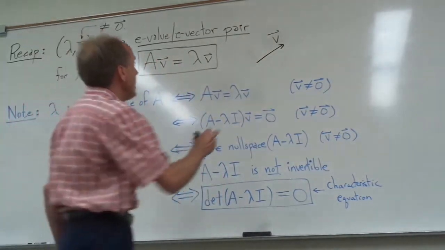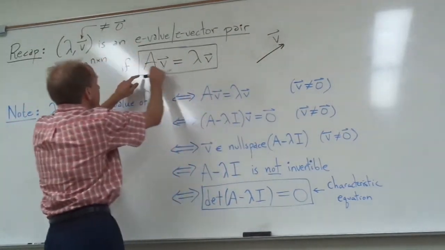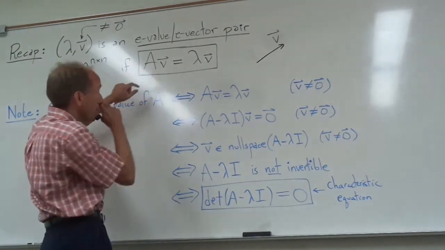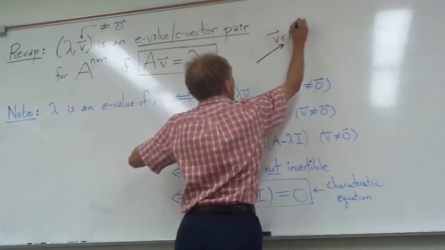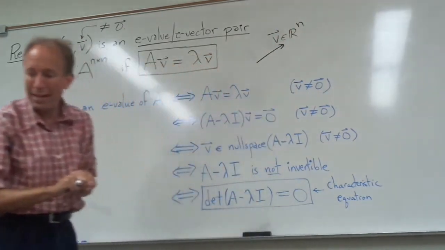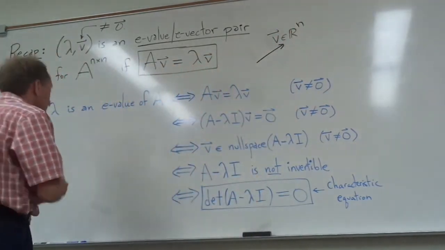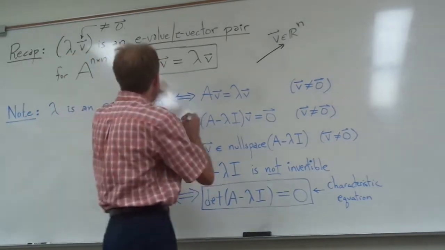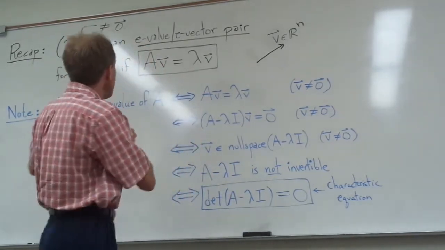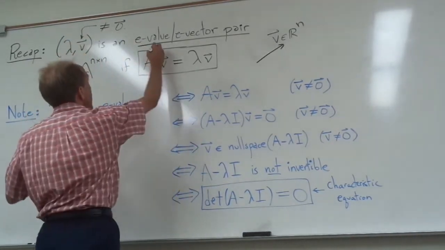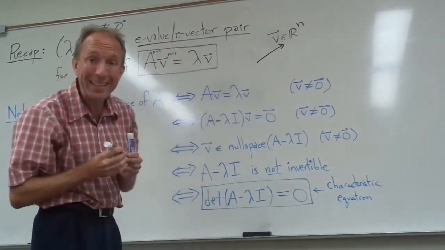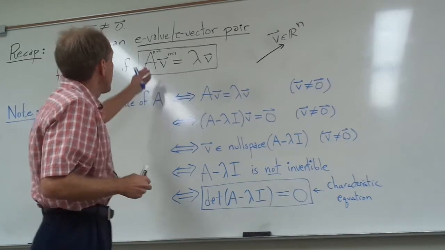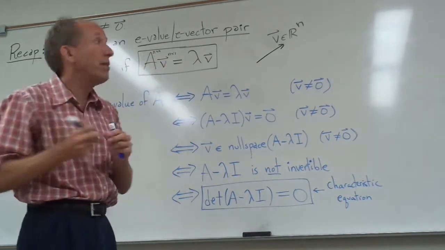By the way, this is a vector in R^n. When you multiply that vector by the matrix A, notice what you're doing: you're taking an n by n matrix times an n by 1 column, and you're going to get another n by 1 vector.